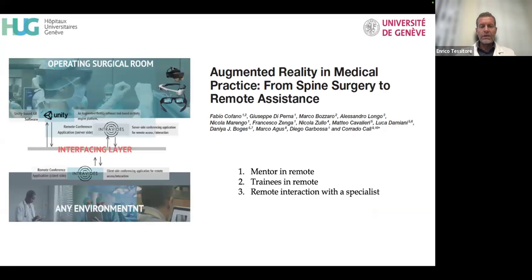And we also have some futuristic, or now somewhat realistic, applications, like remote assistance, where the mentor or the trainees might be remote and might assist or look at some surgical procedures.